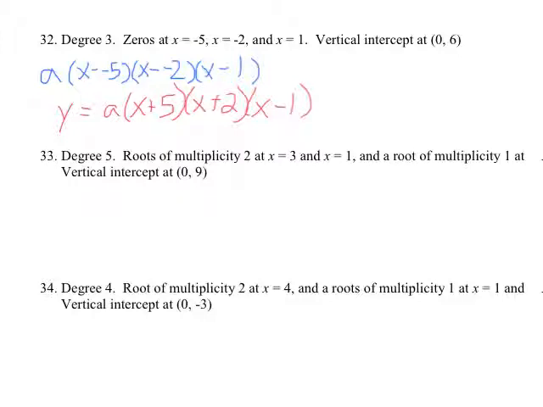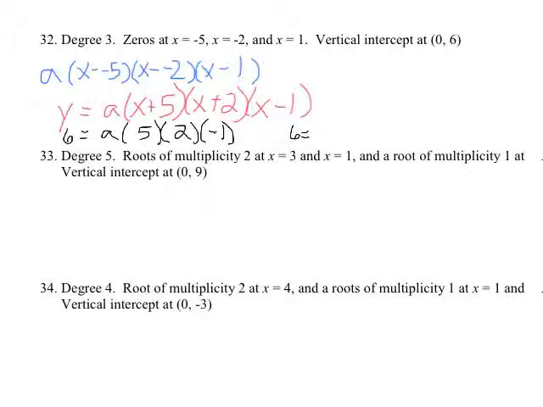So if we do that, we have 6 is equal to a times 0 plus 5 times 0 plus 2 times 0 minus 1. So we get 6 equals negative 10a.